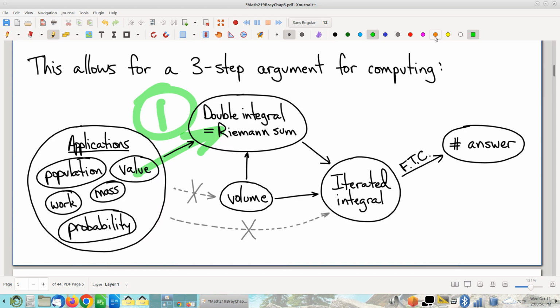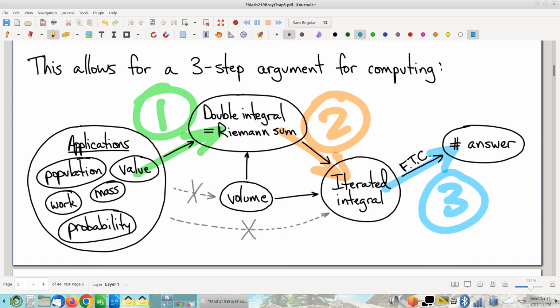Then I'm going to need to see that you turn your double integral into an iterated integral, and then, of course, that you actually crank this out with the fundamental theorem. So three steps, they're all important conceptually in the context of this class.